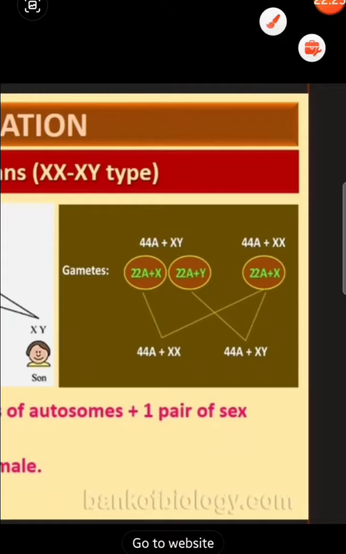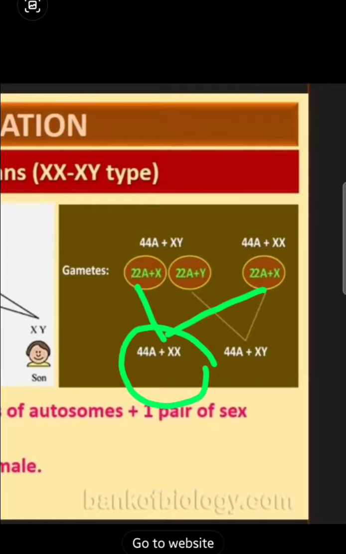Females have two X chromosomes that are the same, so whatever eggs they produce will have the X chromosome only. Okay, so if this X and this X fuse, obviously 44 autosomes and XX, this will be a girl baby.